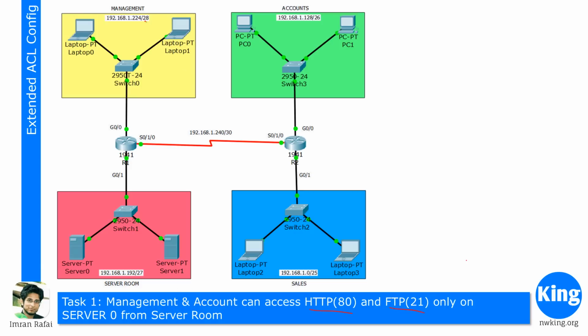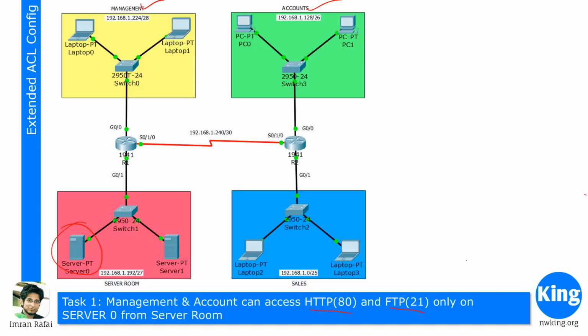That means this whole network of management can access server 0, and this whole accounts network can access server 0, right? Not all traffic, only port 80 traffic and port 21 traffic. That means port 80 and port 21 are the only traffic that should go through. All the other traffic, so if they want to do SSH, for instance, that should get blocked. Only FTP and HTTP should be allowed to pass through, right?